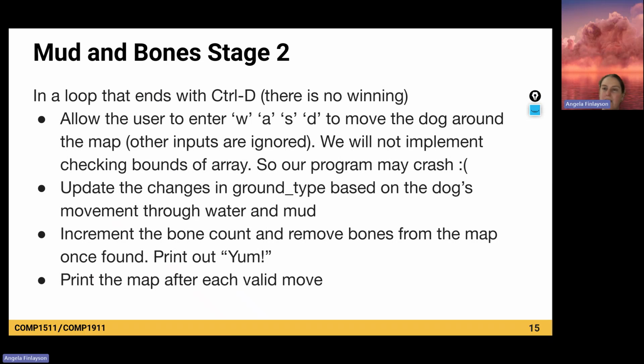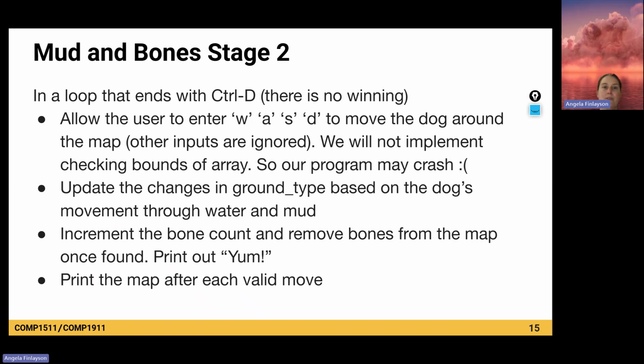And again, I'm not implementing the bounds checking of the array, which means our program might crash, because if we keep saying go up, go up, go up, and we go off the side of the map, our program will have a runtime error. But that's something you'd have to handle in an actual assignment.